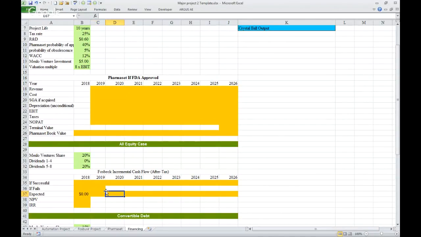So after that, it will be only probability of success times cash flow in case it is successful, and probability of failure times 0.